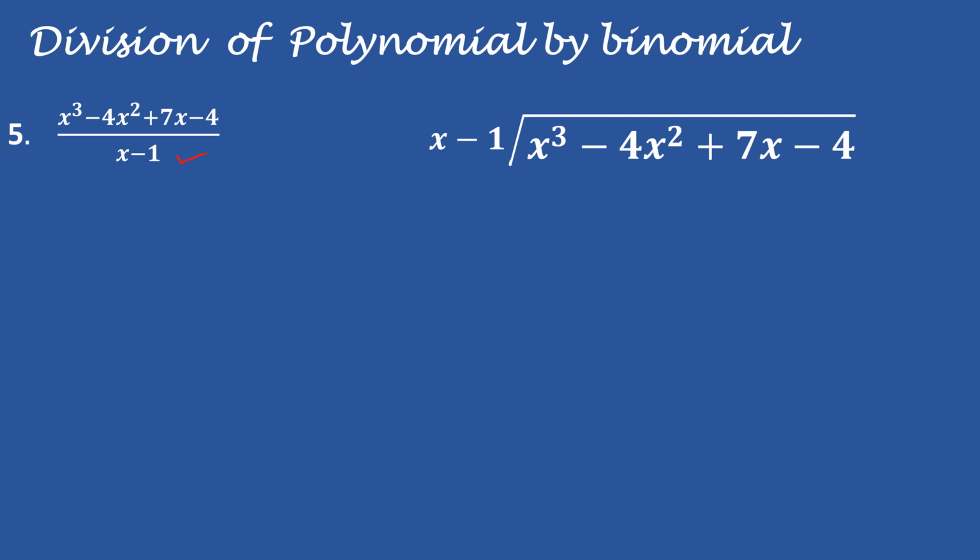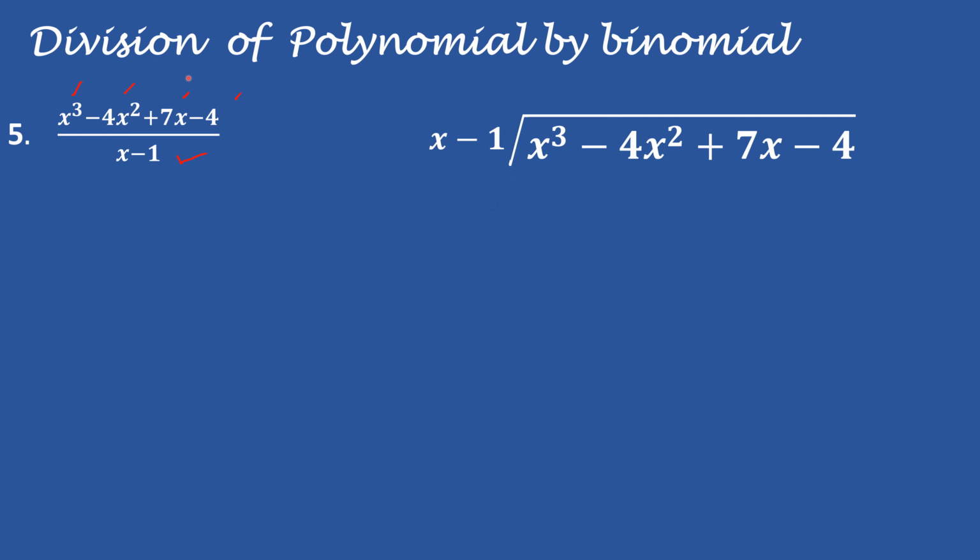Long division says that we have to see to it that our given is already in decreasing order. When we say decreasing order, we arrange the exponents from highest to lowest. As you have seen, we have here a 3, a 2, and then x has a 1.